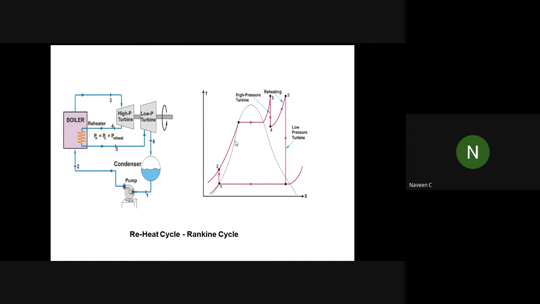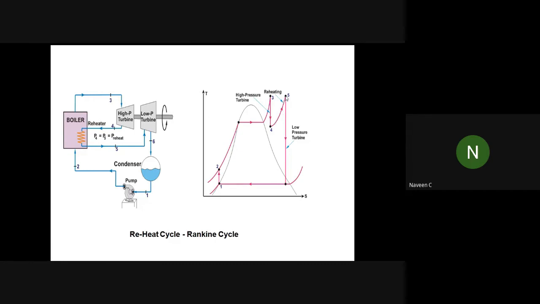So you can see the process. From 1 to 2, you are pumping, the energy you are spending. Again 2 to 3 is your boiler, where you are extracting the energy. The temperature is falling in the high pressure turbine, and after that you are reheating.